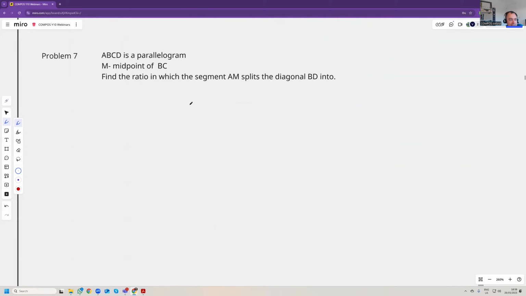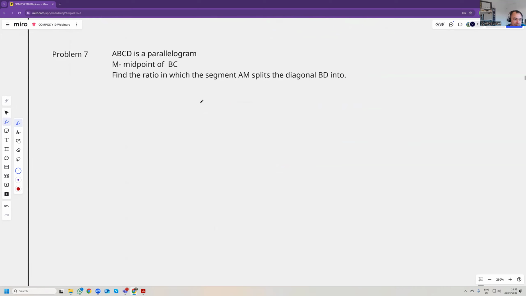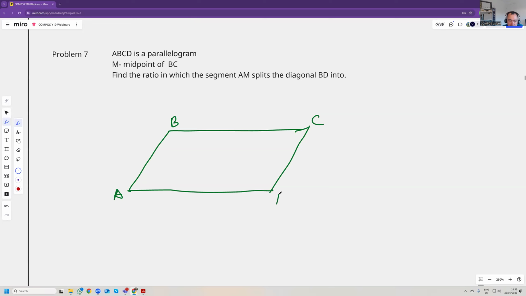Next, ABCD is a parallelogram. M is the midpoint of BC. Find the ratio in which segment AM splits the diagonal BD. So we have a parallelogram A, B, C, D. M is the midpoint of BC.